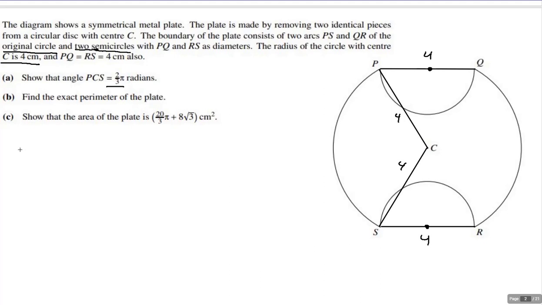Anyone got any ideas about how we can do that? We could try to create a right-angled triangle. Where will we put it? Maybe this edge over here is rounded, right?